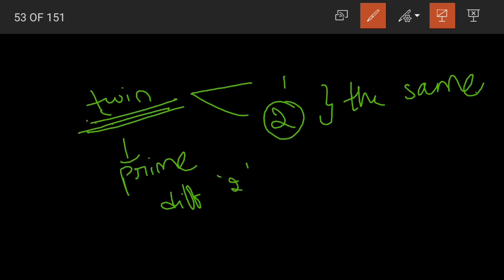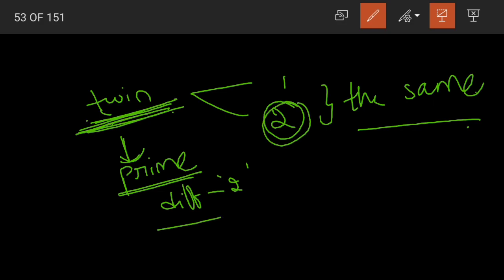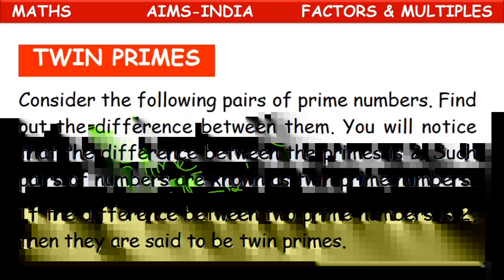Understood, children? How to remember this? Twin means they are born to the same mother, right? So twin primes are both the same. That is, they both are prime numbers. And what should be the difference? Twins means two people, so the difference should be 2.